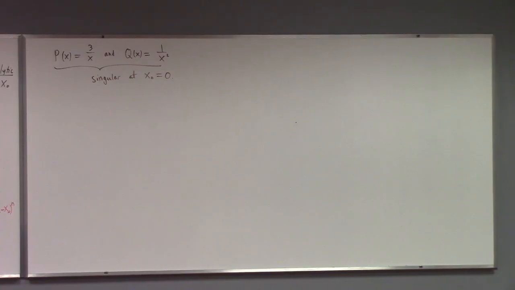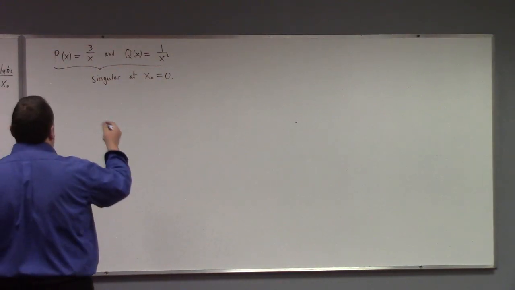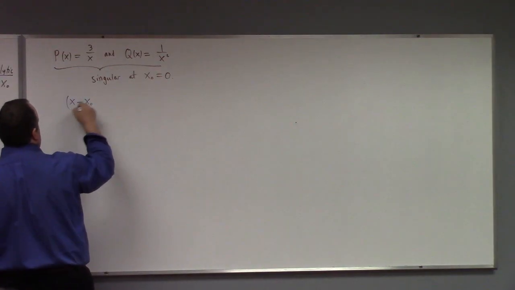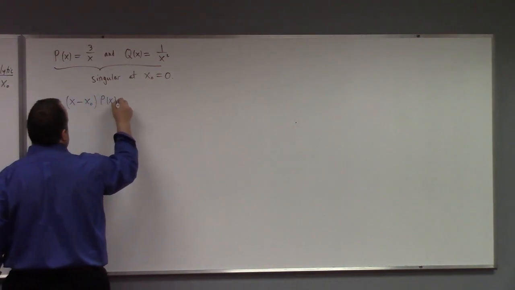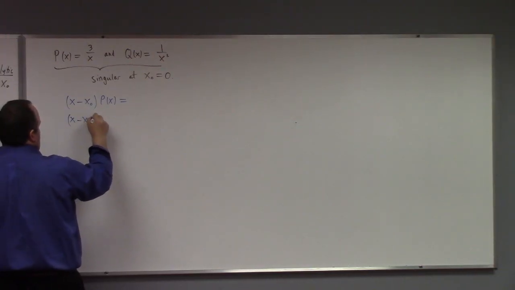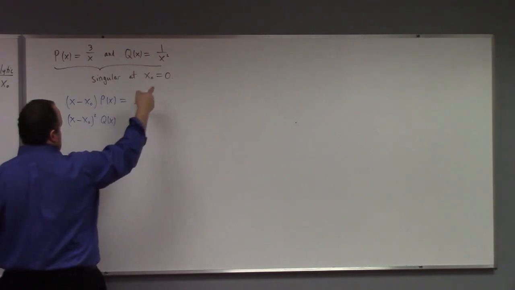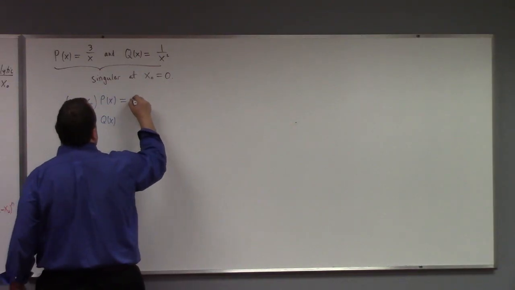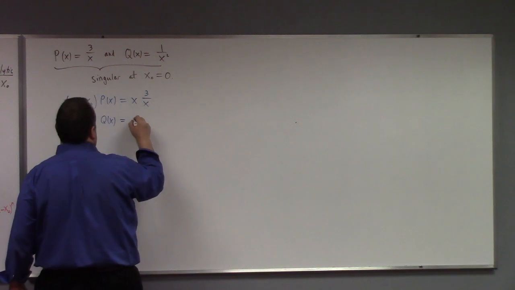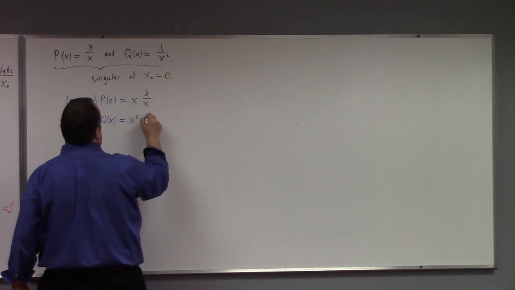But is this a regular singular point? How do we judge that? Notice that x minus x naught times p of x and x minus x naught squared times q of x, in my current context with x naught equal to 0, becomes x times 3 over x, and x squared times 1 over x squared.